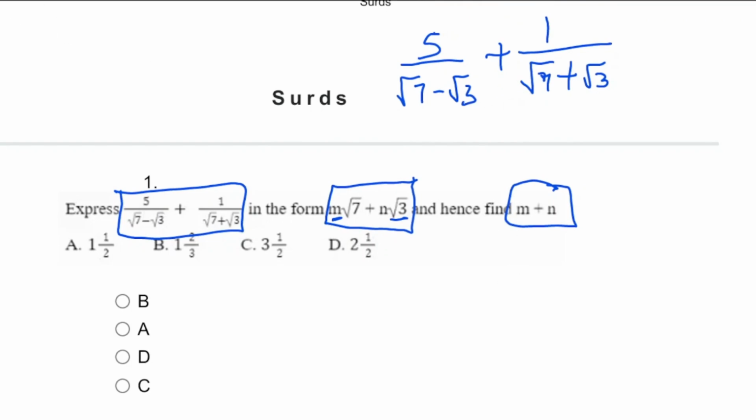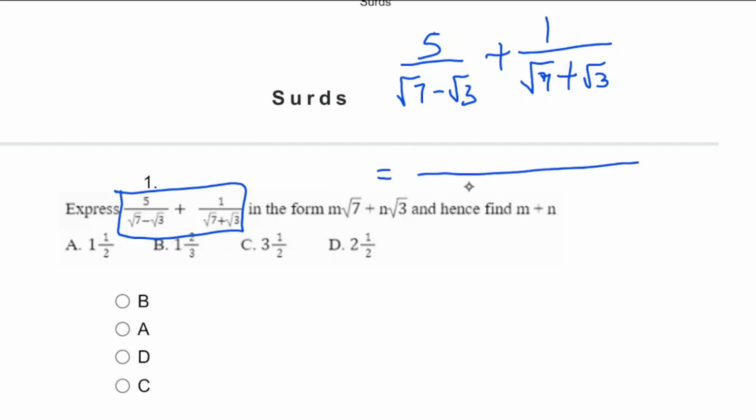So in that case, we find the LCM of the denominators, and the LCM of the denominators is the multiplication of the two values at the bottom, root 7 minus root 3 times root 7 plus root 3.